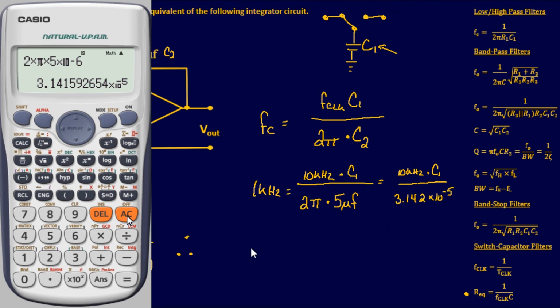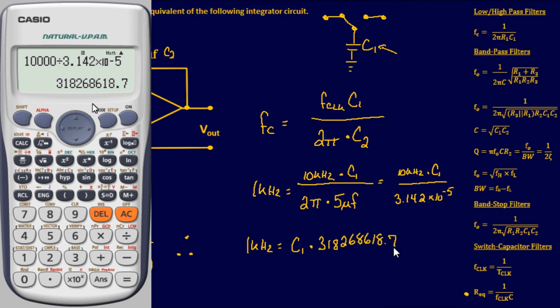And then we can simplify this down some more. I could say 1 kilohertz equals, and I'll take my 10 kilohertz and divide it by my 3.142 times 10 to the negative 5. And that's going to give me C1 times 318268618.7.